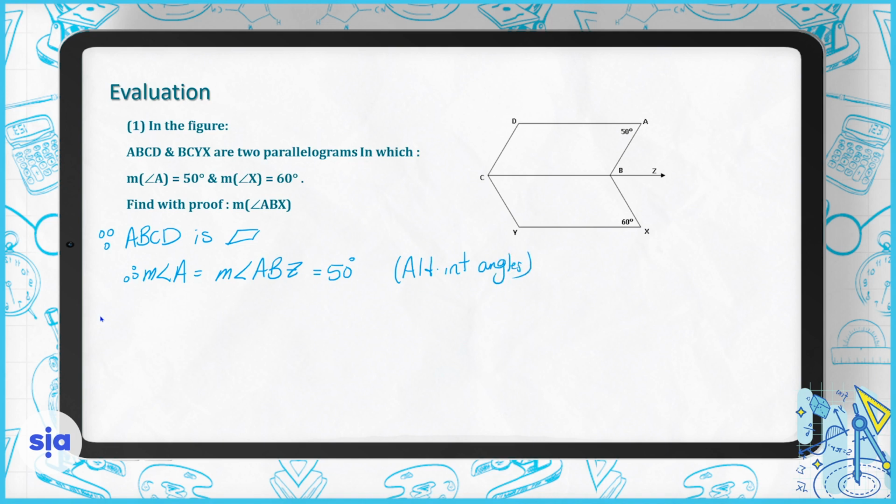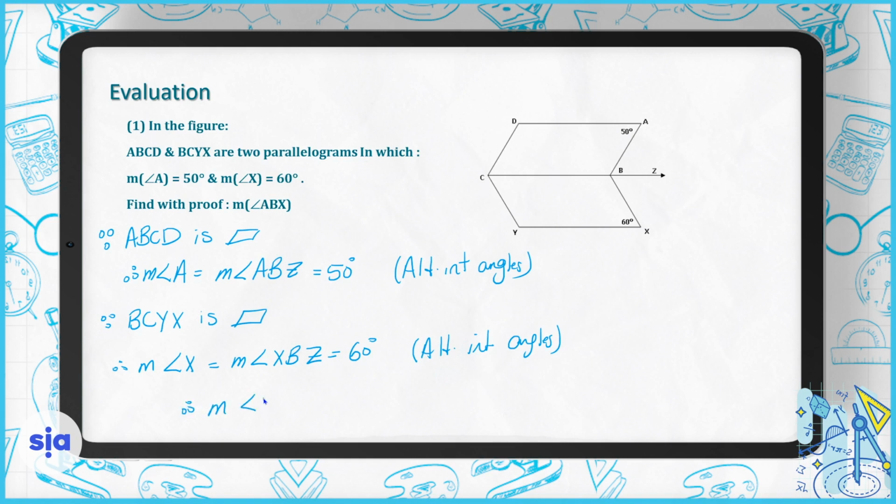And since BCYX is a parallelogram, then the measure of angle X is equal to the measure of angle XBZ, which is 60 degrees, for the same reason that they are alternate interior angles. Therefore, the measure of angle ABX is 50 plus 60, which is 110 degrees.